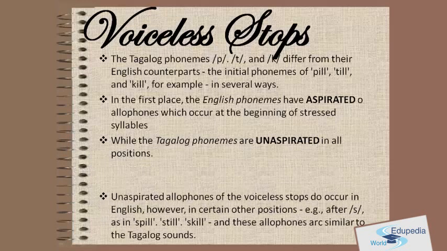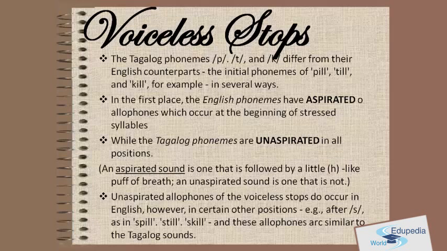Unaspirated allophones of the voiceless stops do occur in English, however, in certain other positions, for example after S, as in spiel, steal, skill, and these allophones are similar to the Tagalog sounds.